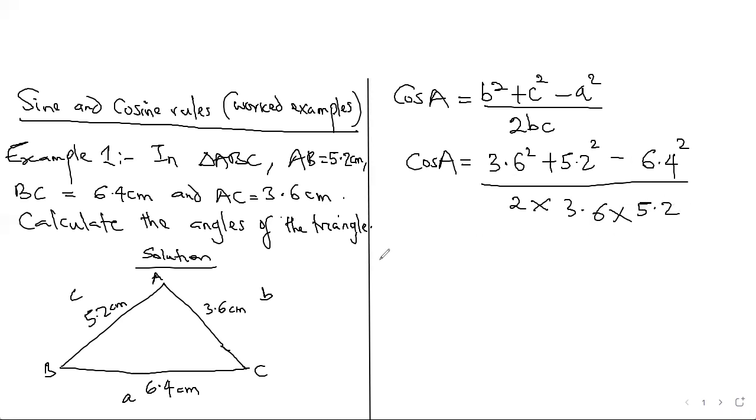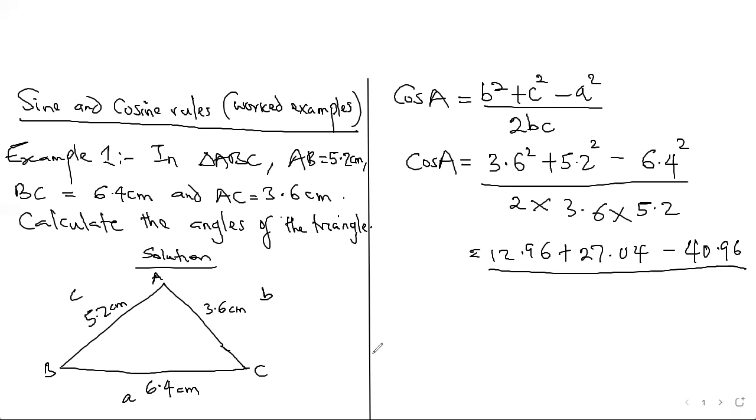So we punch it into the calculator. 3.6 squared will give you 12.96, plus 5.2 squared, which is 27.04, minus 6.4 squared, which is 40.96, all divided by 2 times 3.6 times 5.2, which is 37.44.